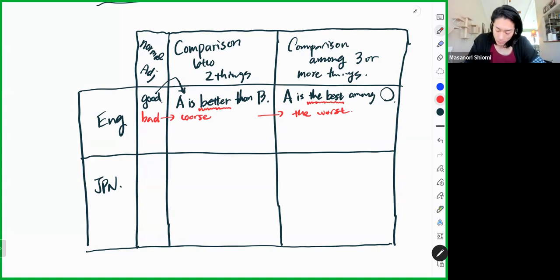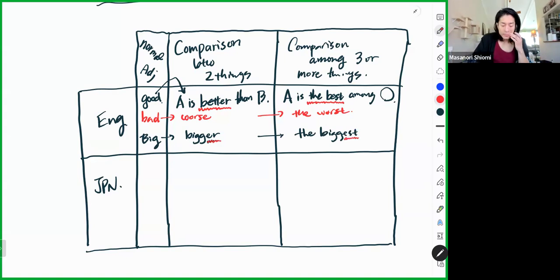But then the typical rule when it comes to English adjectives is big becomes bigger, so ER usually. And then when comparing among three or more things, biggest, the biggest. So EST, EST, and ER for this one. These are the typical rules, right?